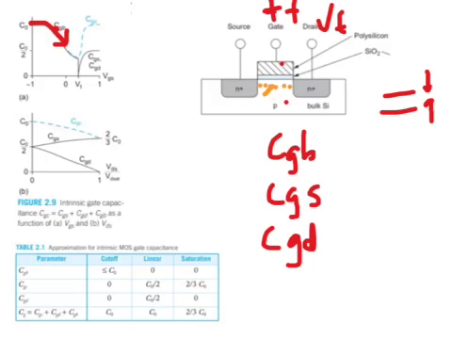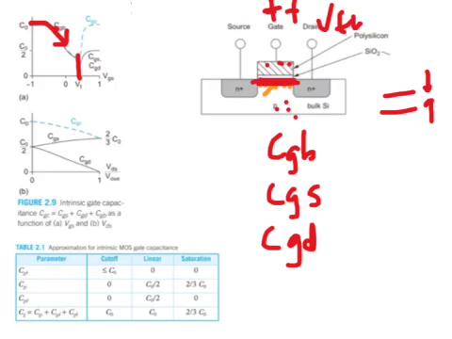And at V threshold, there is a sharp drop in the gate capacitance, because the formation of the channel here effectively disconnects, or rather removes, the capacitance between the gate and the bulk.